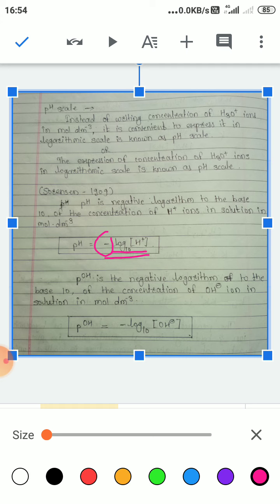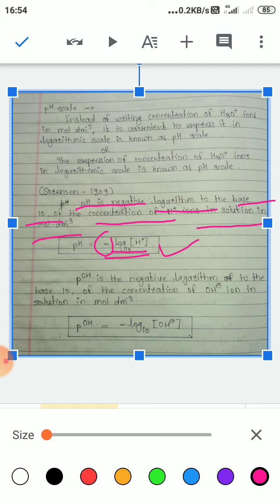We have given the equation form of the definition of pH. The pH is the negative logarithm to the base 10 of the concentration of H+ ions in a solution in mole per decimeter cube. In the same way we have to write the definition for pOH.